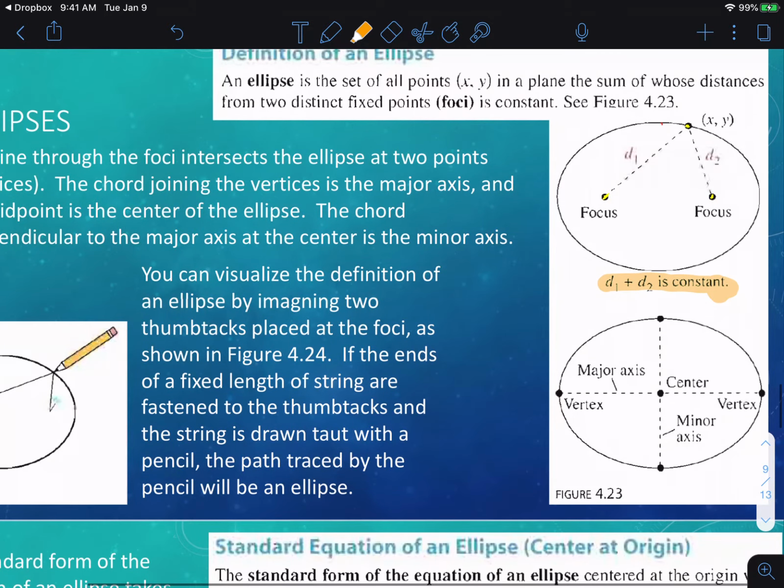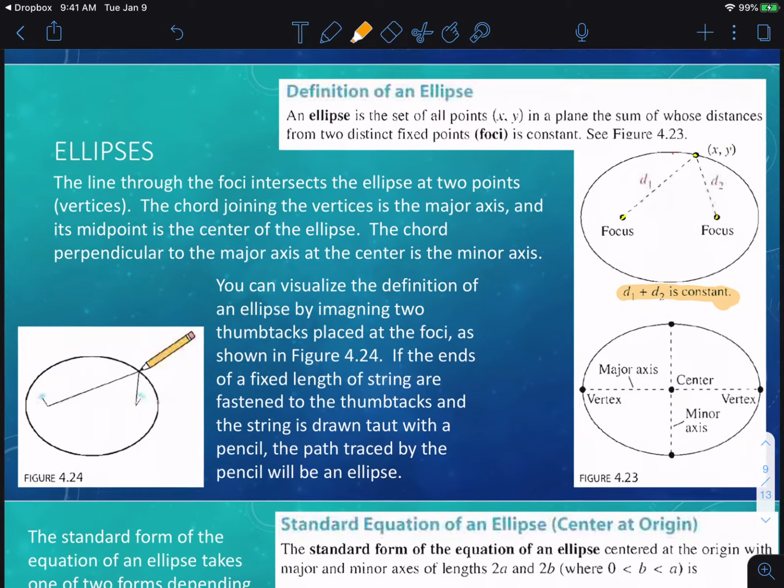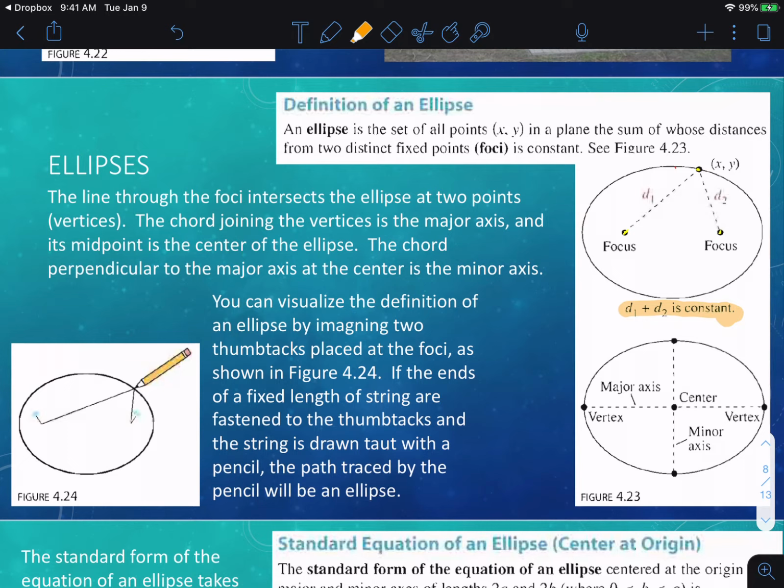So with that in mind, we have to think about how these other things take shape in ellipses. If we talk about an ellipse, the line through the foci intersects the ellipse at 2 points, right here and right here. Those 2 points are called vertices.